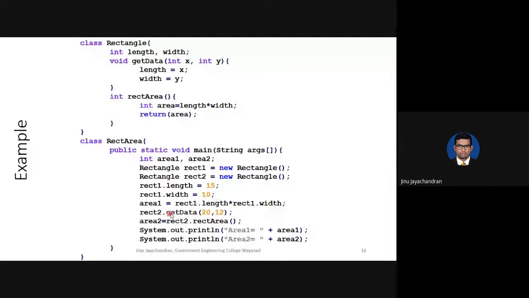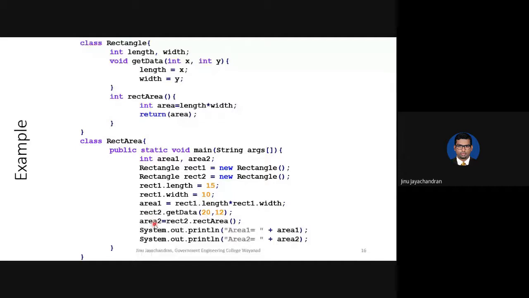For rect2, instead of directly accessing length and width, you are calling the function getData, and you are passing the arguments 20 and 12. So x will be 20, y will be 12. Okay, so the length and width for rect2 are 20 and 12 respectively.